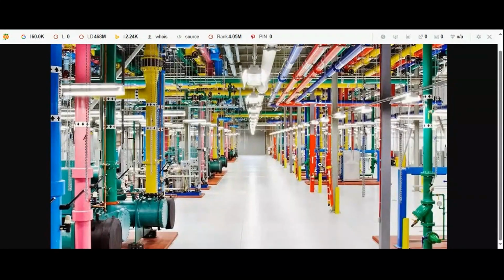Are you able to see this image? What is this basically? Yes, this is the chiller plant room, where we have multiple chillers. Why?